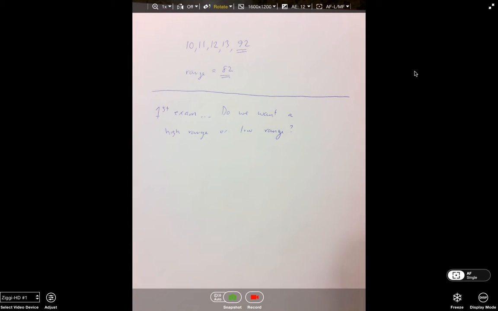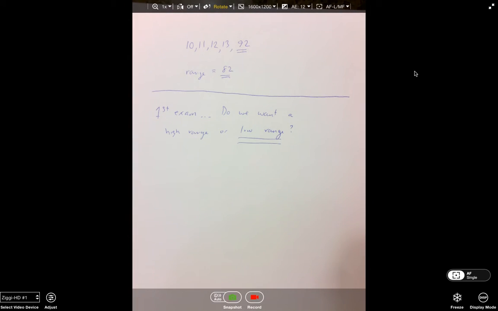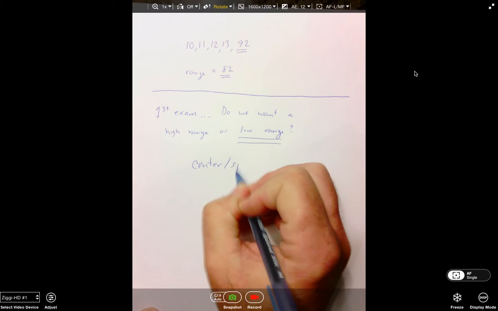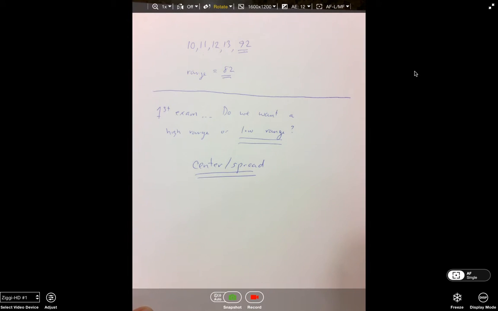What do we want? What do you think? Guys, I want a low range. I don't want a lot of variability, but it depends. And this is a classic example of where from here on out, center and spread are not separable.